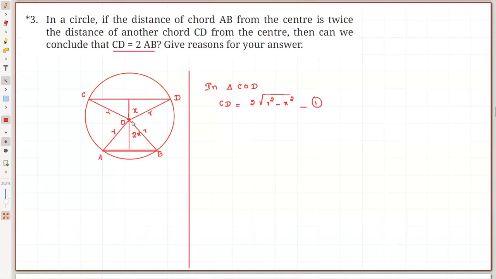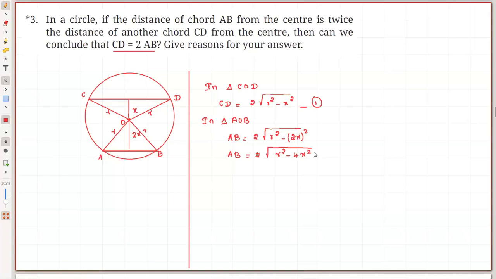Now in triangle AOB, the chord length AB is equal to 2 times the square root of R square minus, in the place of D we have 2x, so 2x the whole square. Simplifying, AB is equal to 2 times the square root of R square minus 4x square.